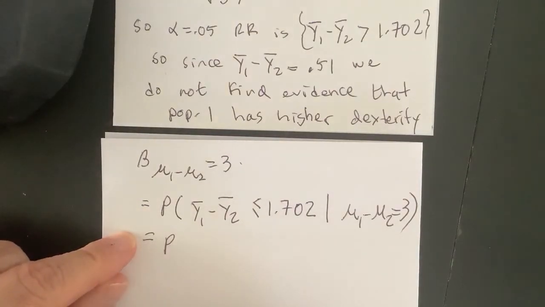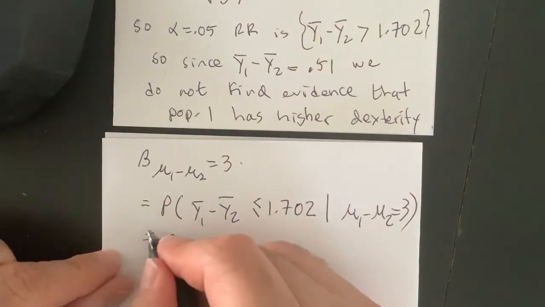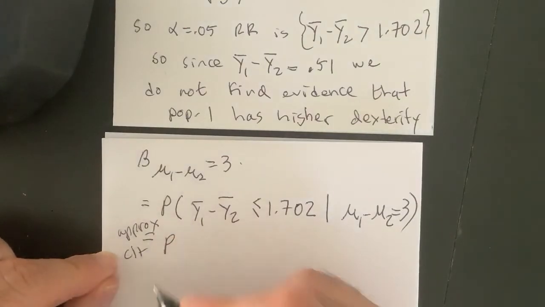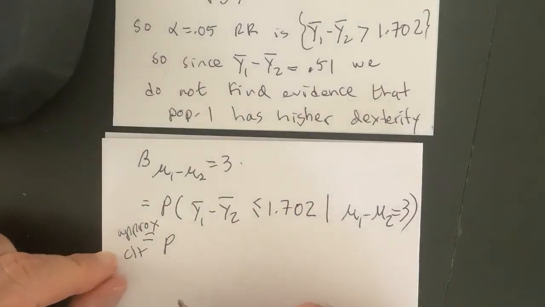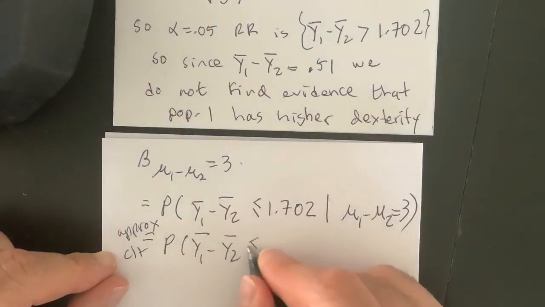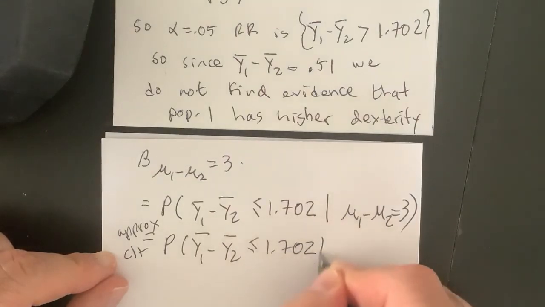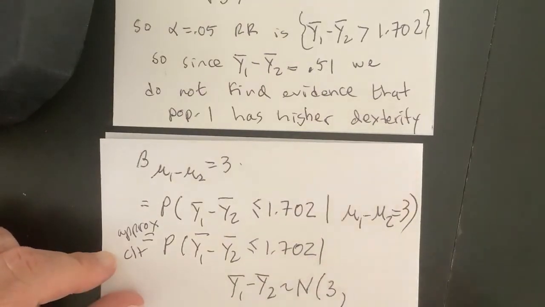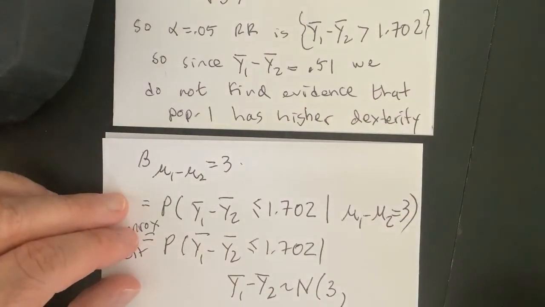probability. Now, this time, and again, this is approximate, right? Approximate CLT. Probability that, well, not that different. Y1 bar minus Y2 bar is less than 1.702, given y1 bar minus y2 bar is normal, mean 3, and same, we did not change the variance, right?